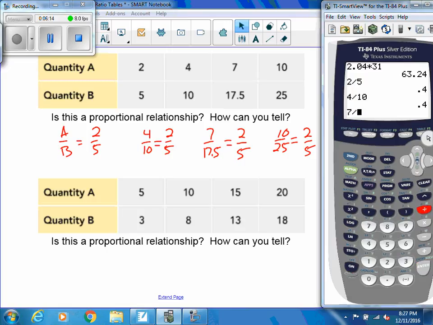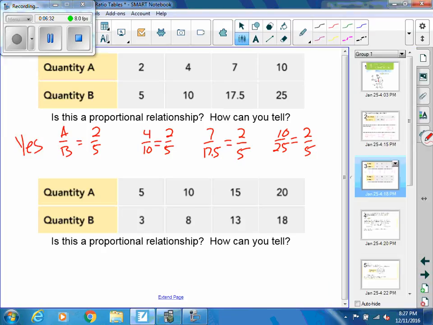Again, this works for all of them. 7 divided by 17.5, I get 0.4. 10 divided by 25, I get 0.4. So to answer the question, is this a proportional relationship? The answer is yes, it is.